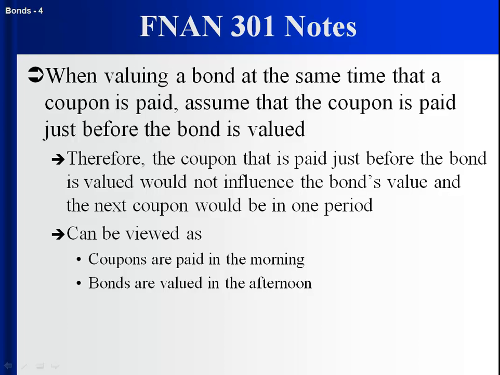One way to view it is that coupons are paid in the morning and we value bonds in the afternoon. So when the afternoon rolls around and it's time to say how much this bond is worth, the coupon that was paid that day has already been paid. It's already out the door. It's already in the mail. So all that matters is what you're going to get, and the next one's in one period.